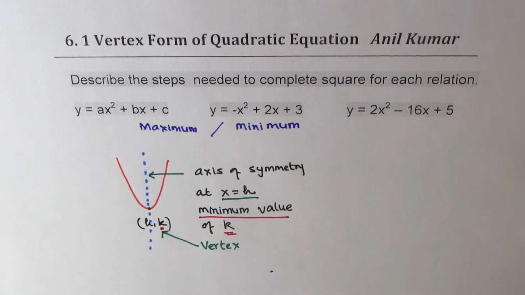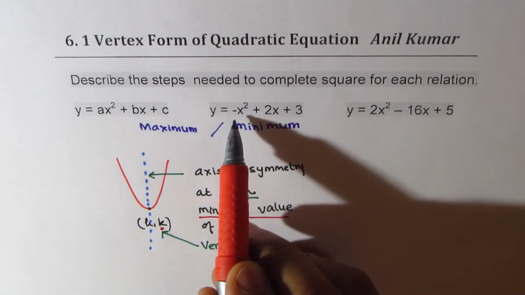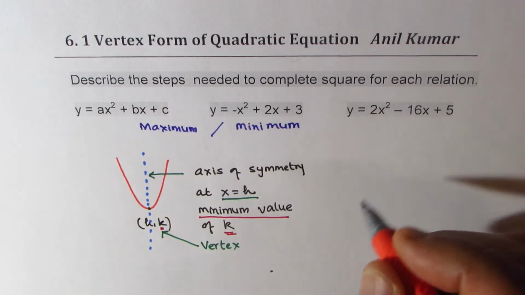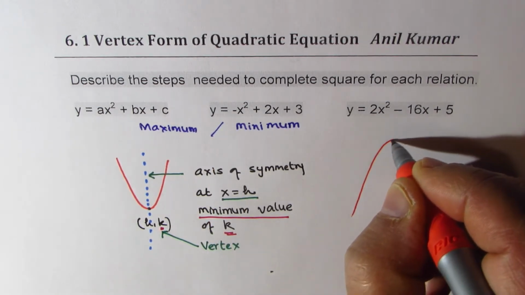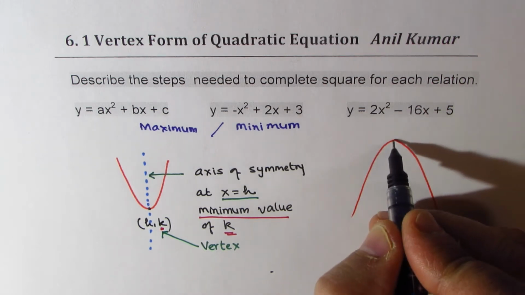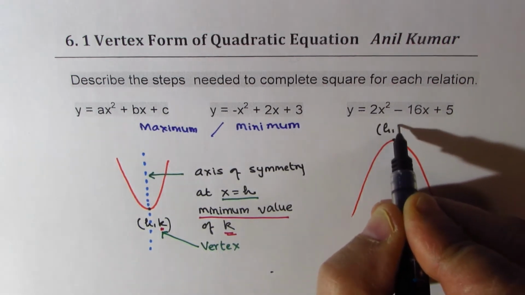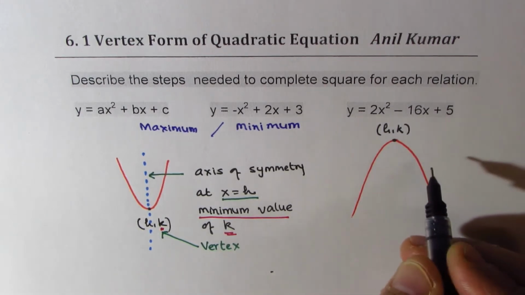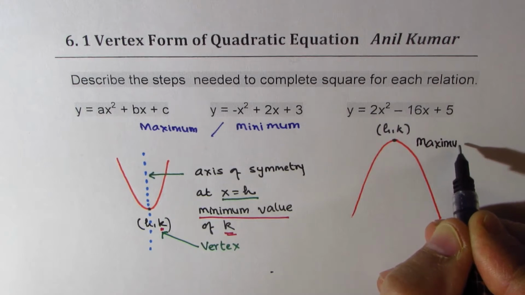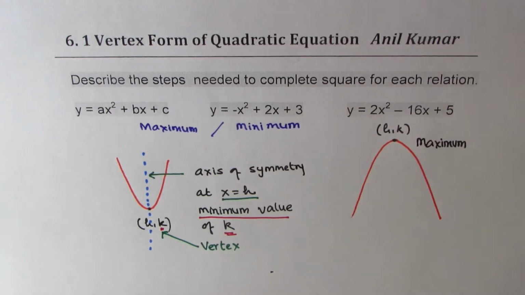Perfect. Now if you have something like this where the leading coefficient is negative, in that case the parabola may open downwards, correct? So in such a case, at (h, k) we are going to have a maximum value. All other things remain the same.